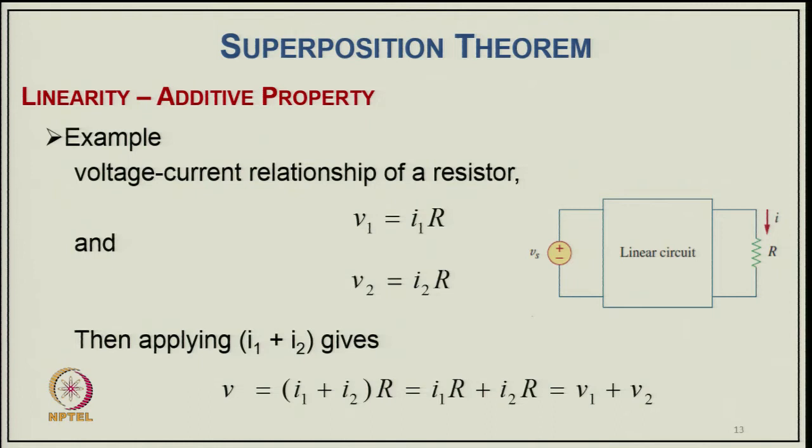In the circuit, the source is Vs, a DC source, we have a linear circuit, and the output is the load where the current I is flowing. If we have a voltage source V1, then we have current I1 flowing through the resistor, so V1 equals I1 R, and another time when current I2 is flowing, V2 equals I2 R. If we apply current I1 plus I2 to the load, then V will be equal to I1 plus I2 times R, which is I1 R plus I2 R, and that is equal to V1 plus V2.